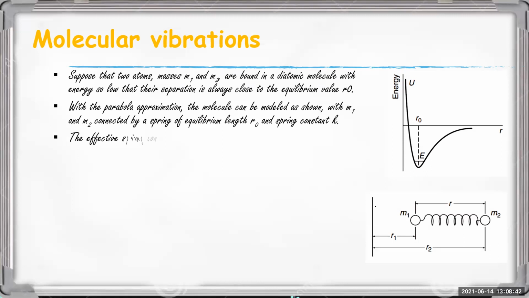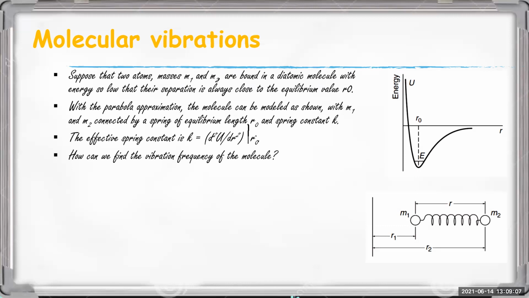We have written the spring constant k equal to d squared U by dr squared, evaluated at r equal to r0.